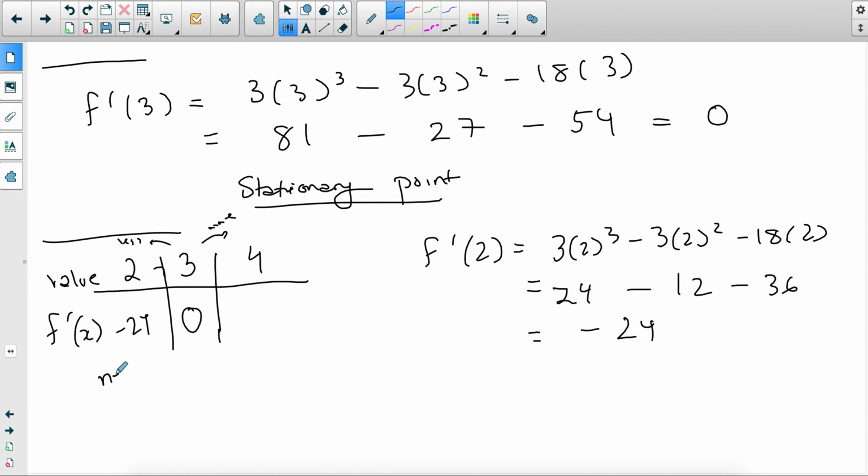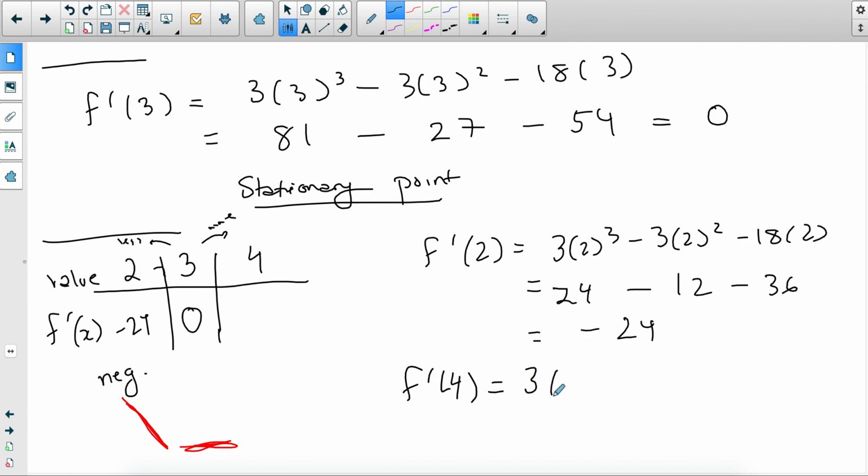So the point here is that it's a negative gradient. So the tangent at this point will have a negative gradient. So this is how it's going to be. You have a gradient of 0 here. And then we substitute 4 just for sake of checking.